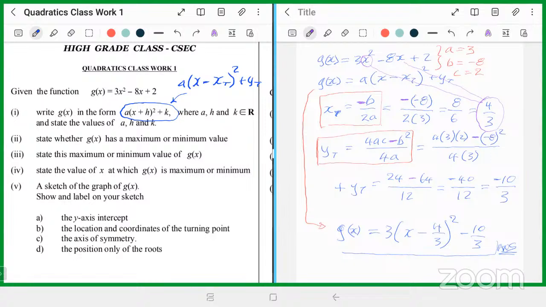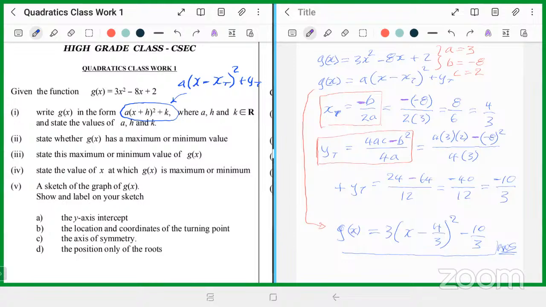The XT and the YT are the same point. They're coordinates of the turning point. That's what the T stands for, turning point. So YT is the y value when the x value is XT.